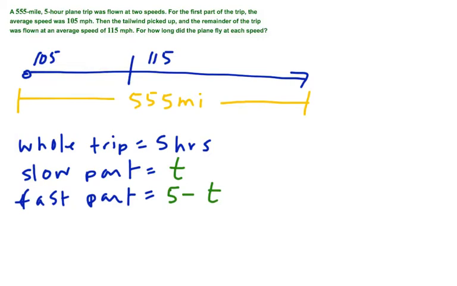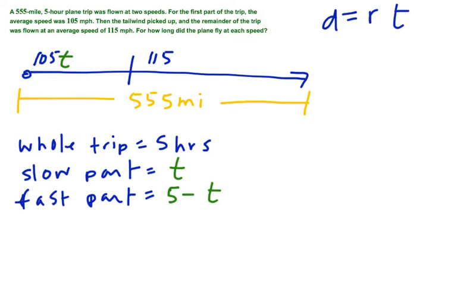And going back to our equation that helps us out every time, distance can be replaced by the rate times the time. So I don't know this slow part distance, but I know the rate, which was 105, and I know the time, which is for the slow part, which is t.